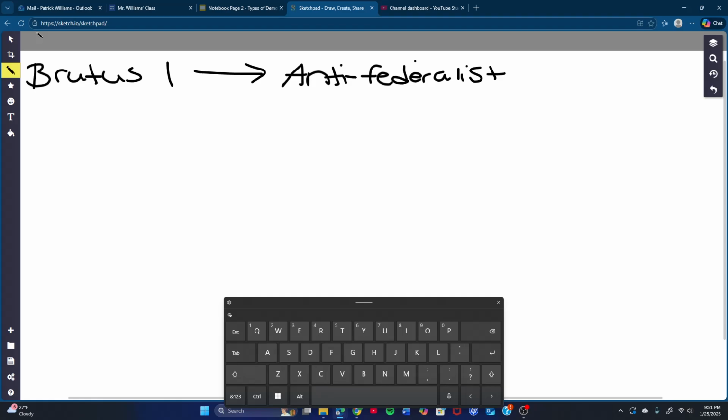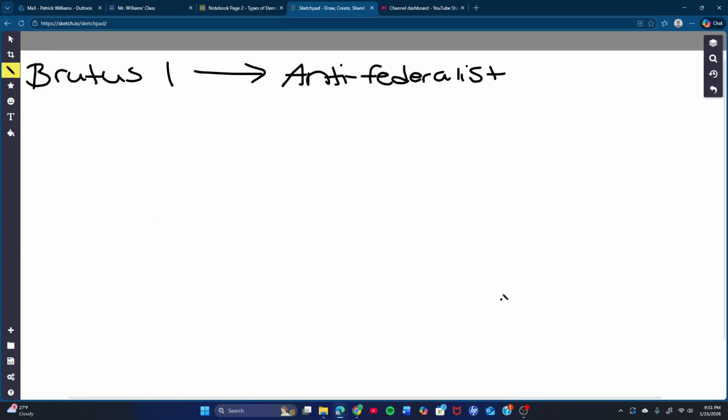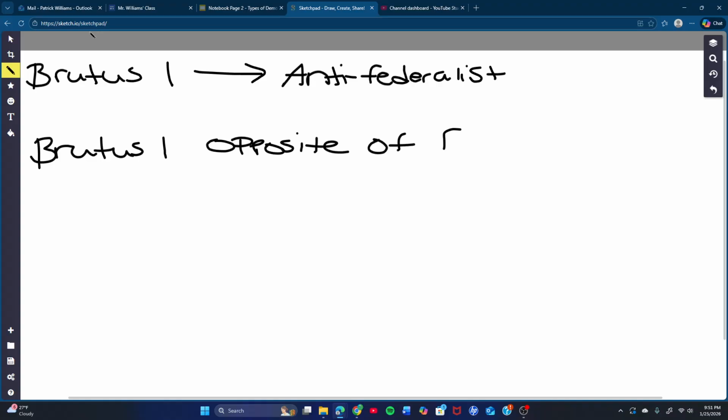It's kind of just a pen name, right? But this essay is basically in response to Federalist 10, and it expresses the actually opposite concern. So Brutus One was opposite of Fed 10. Okay?